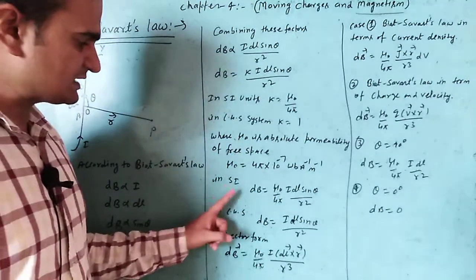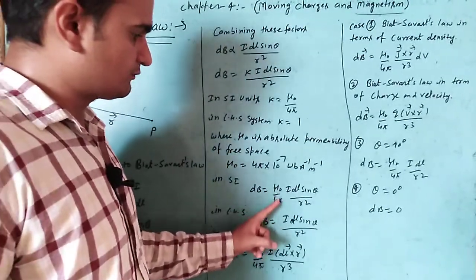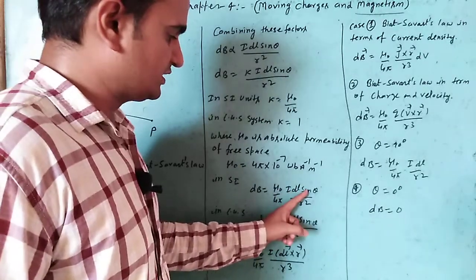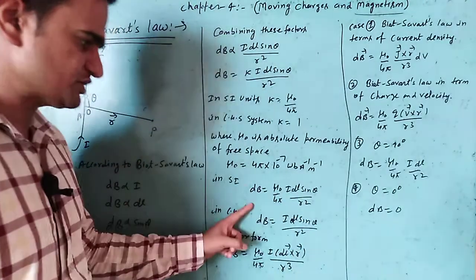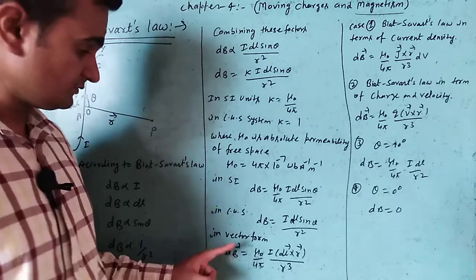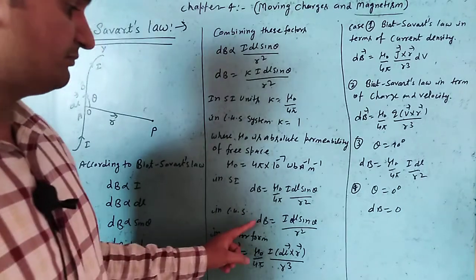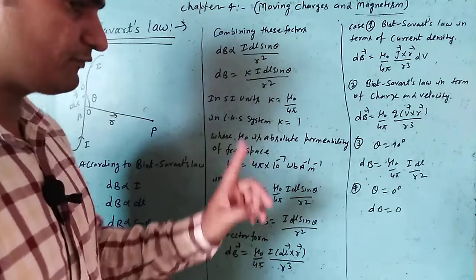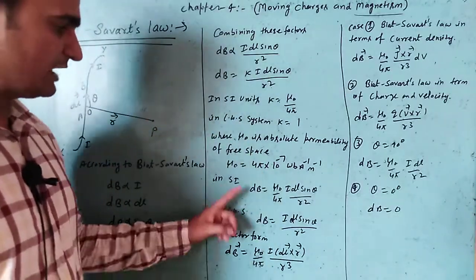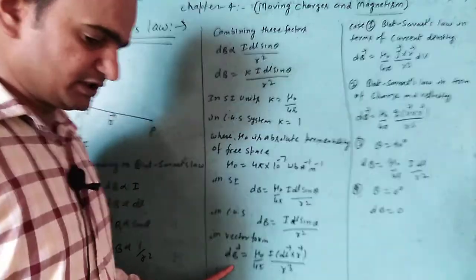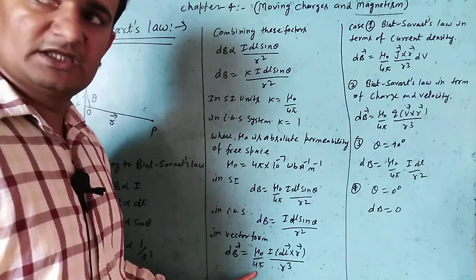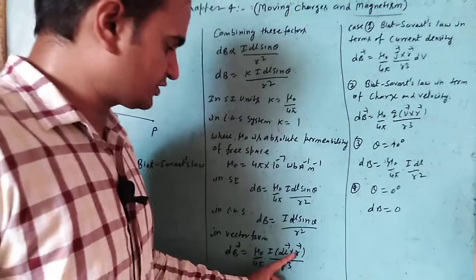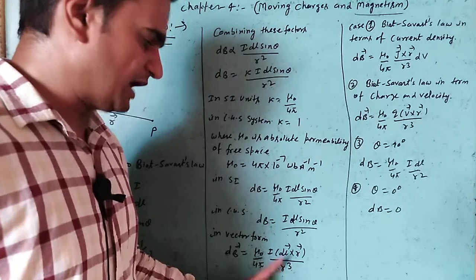Now write in SI system dB equals mu naught upon 4 pi I dl sin theta upon r square. This is the Biot-Savart law in SI system. Now in CGS system dB equals I dl sin theta upon r square, value of k equal to 1. Now write in vector form: dB vector equals mu naught upon 4 pi I dl vector cross r vector upon r cube.